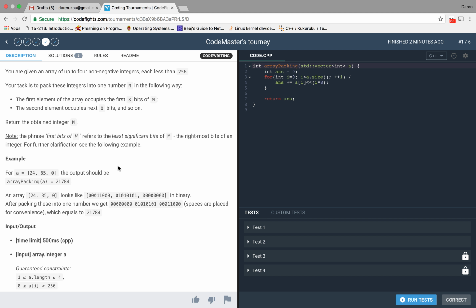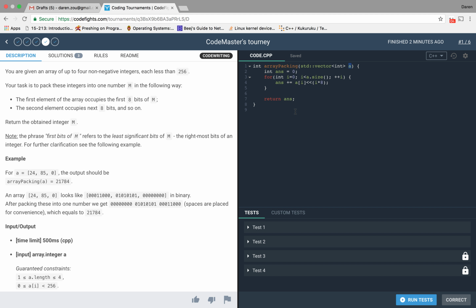So here, this problem is a bit of bit manipulation. When I first read the problem, I thought that this input A always had 4 elements. So that would actually be even easier. That could be written in one line.